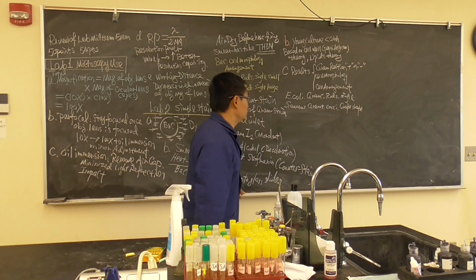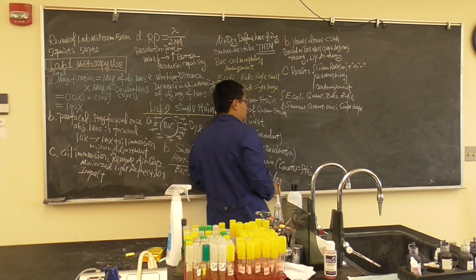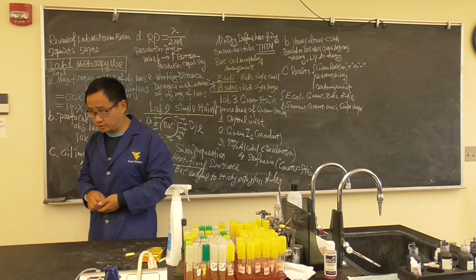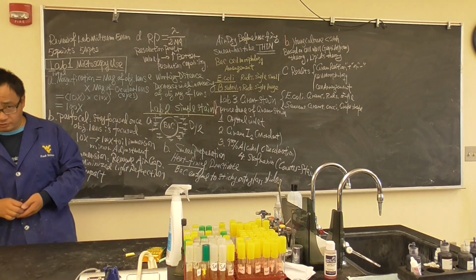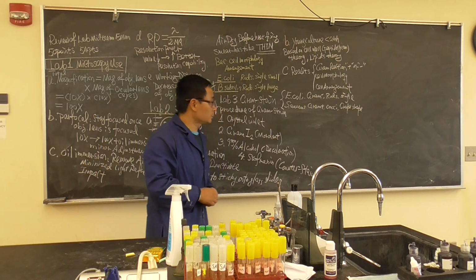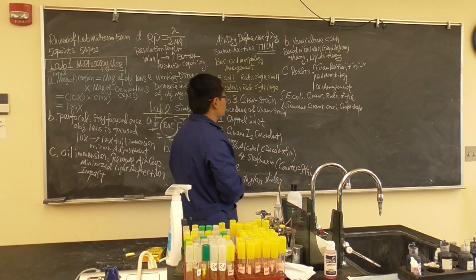Those are the two things we did in the lab. And you did the homework for Serratia. Serratia looks gram-negative and a little bit larger rods. Is that right? So that's all the things.